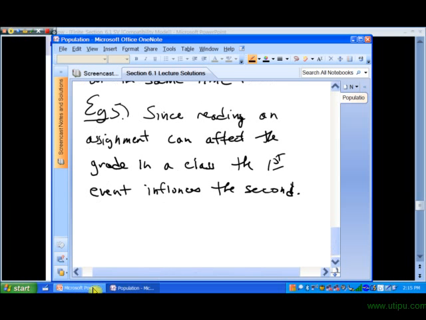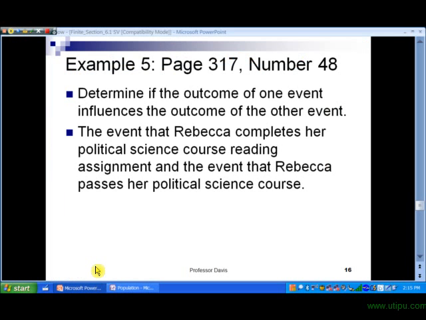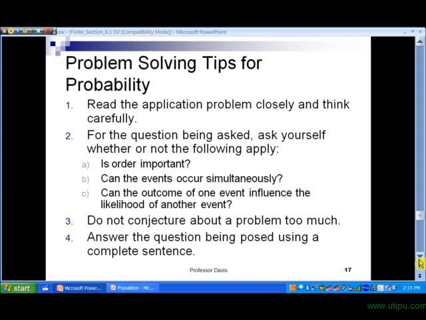We call those dependent events. In other words, the outcome of the second event depends on the outcome of the first event.